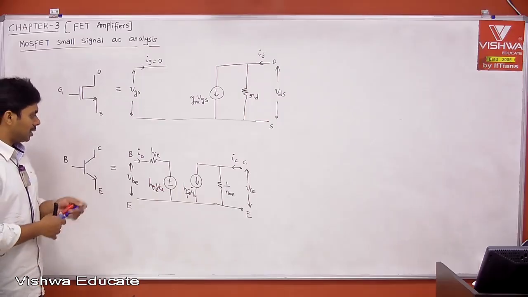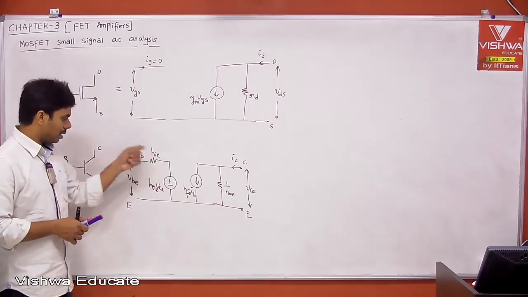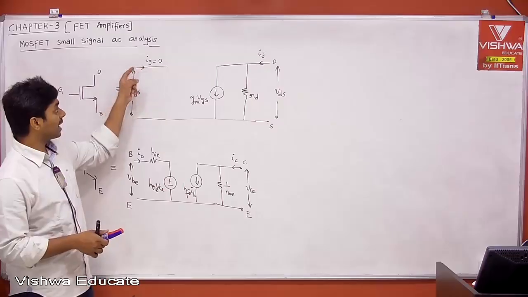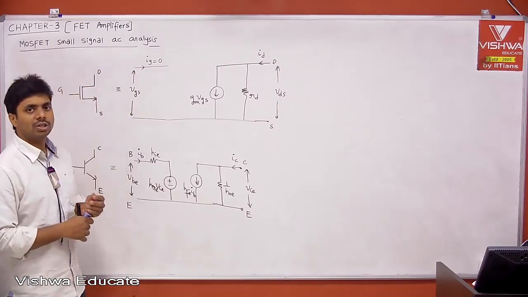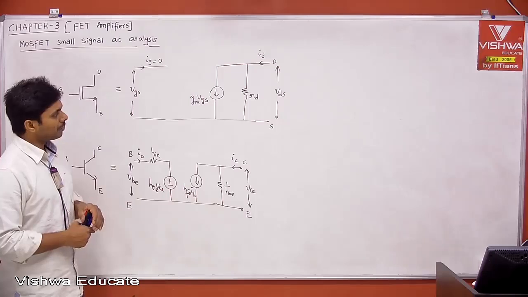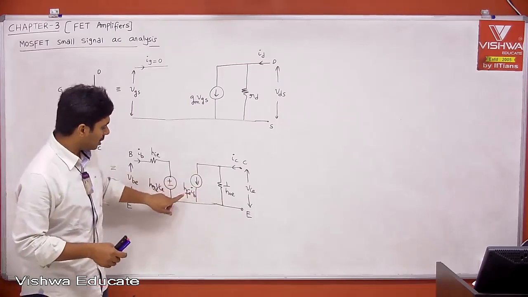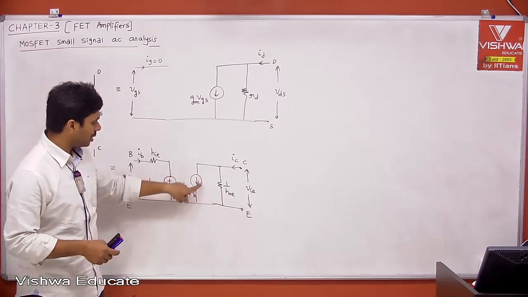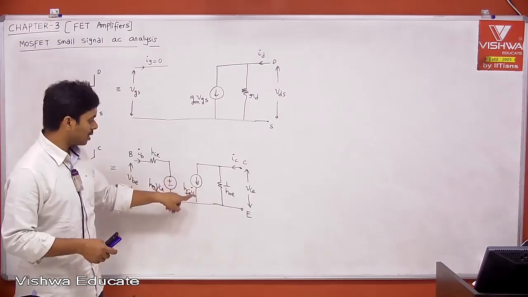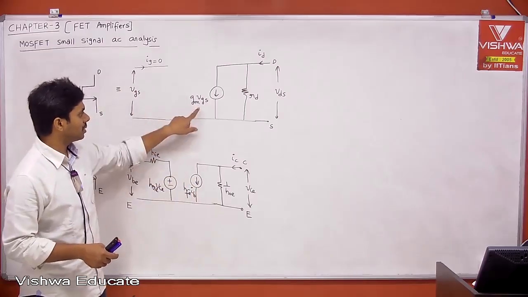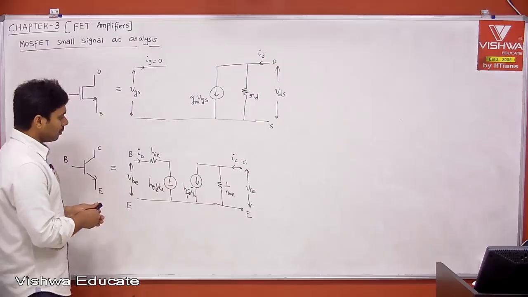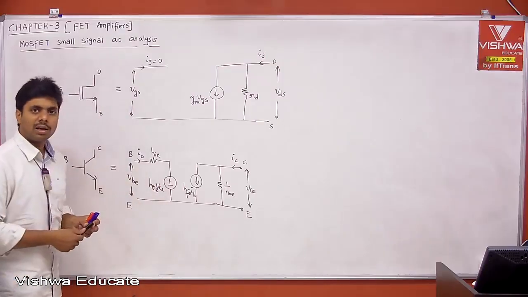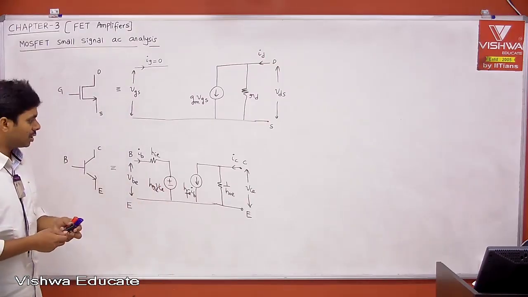See, in the case of BJT, there is a base current, but in the case of MOSFET, there is no gate current, because it has SiO2 where current cannot enter into the gate. Now, this is HFE into IB, which is nothing but your current controlled current source. This is GM into VGS, which is nothing but a voltage controlled current source. Now, this is the exact model, or level 2, including base width modulation.